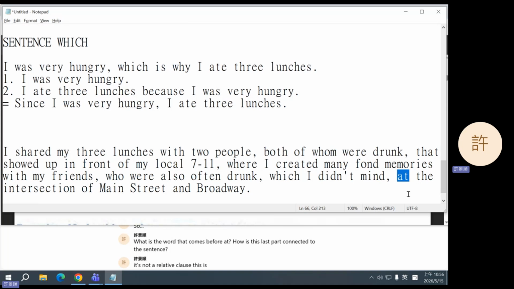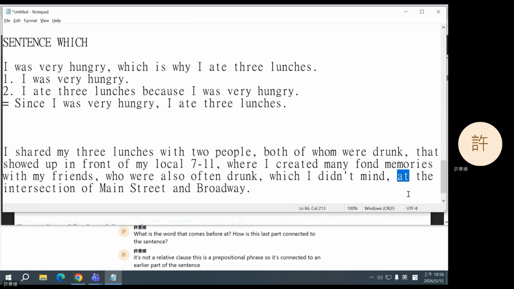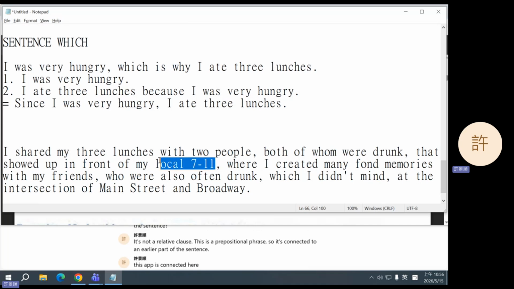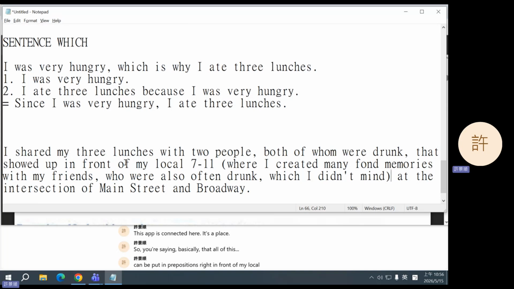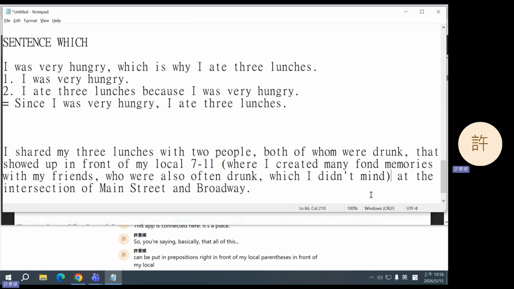This is a prepositional phrase. So it's connected to an earlier part of the sentence. This at is connected here. It's a place. So you're saying basically that all of this can be put in prepositions, right? In front of my local, parentheses, in front of my local 7-Eleven at the intersection of Main and Broadway.